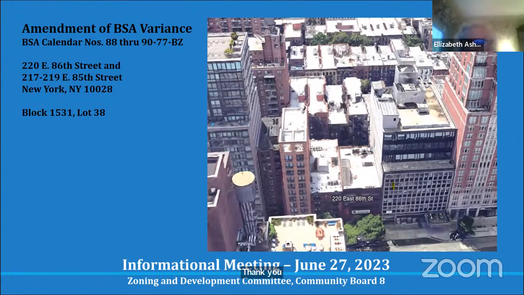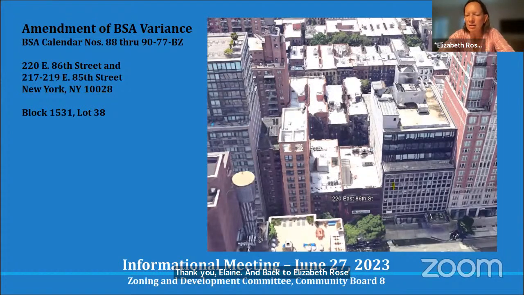And back to Elizabeth Rose. Thank you. This is a zoning question, and Adam Wald, I consider you one of the possible respondents here, in addition to the applicants tonight. This question of the width of the receiving building and the impact of street wall width on the permissible height of the new building.